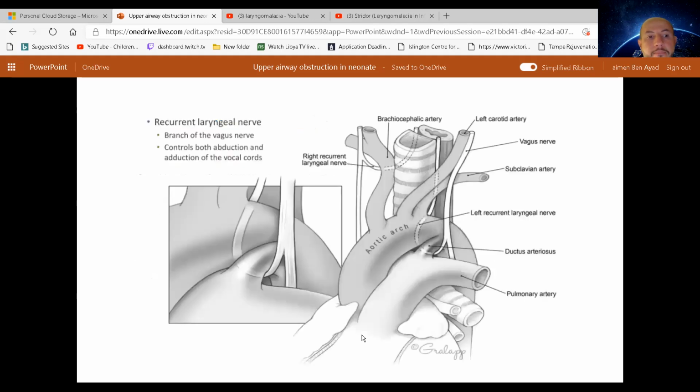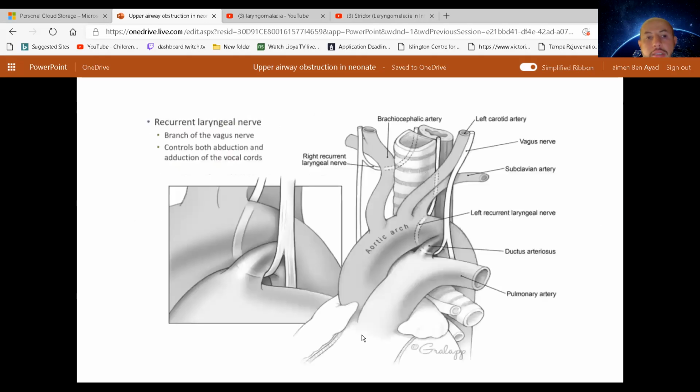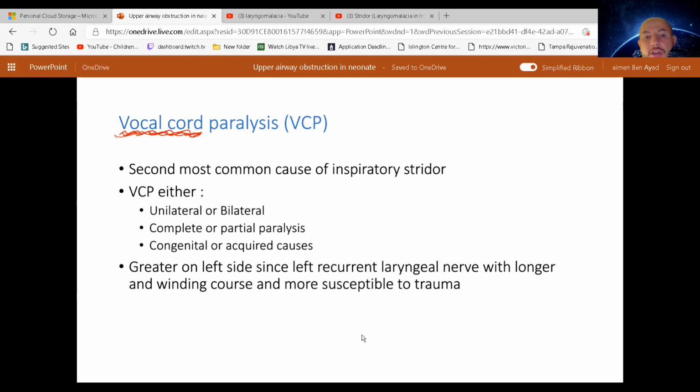So the vocal cord is supplied by the vagus nerve. The second most important thing I need you guys to know is that the left recurrent laryngeal nerve is the most commonly affected.